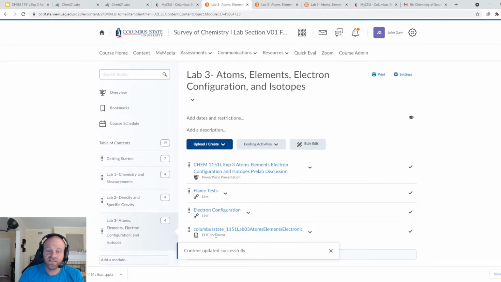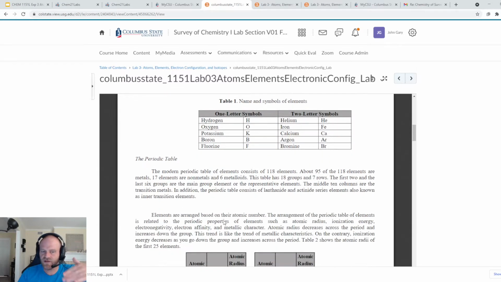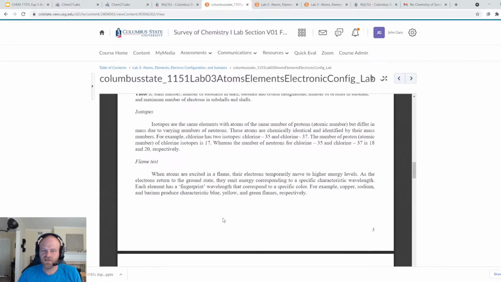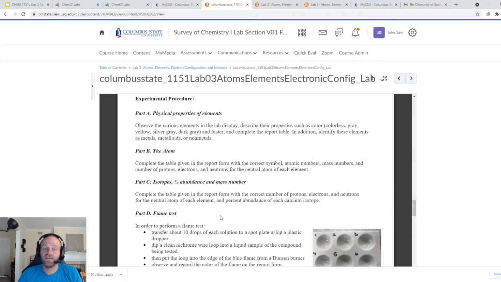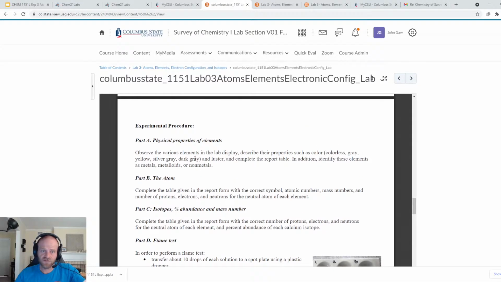This has a couple of things that you might need to complete the lab. So number one, it goes through the introduction, the pre-lab, discusses all of the topics generally, and then explains what the experimental procedures are. So it'll tell you exactly what you should be doing. For example, Part A, observe various elements in the lab display.